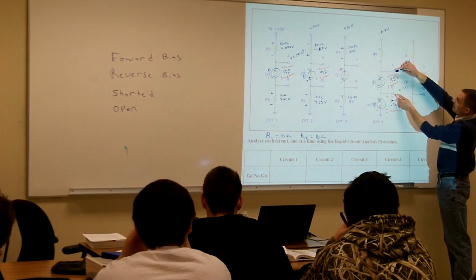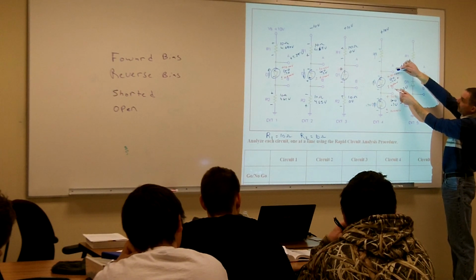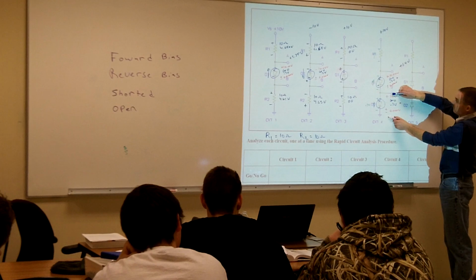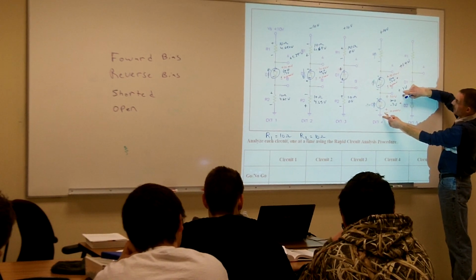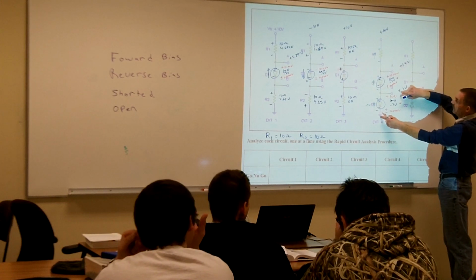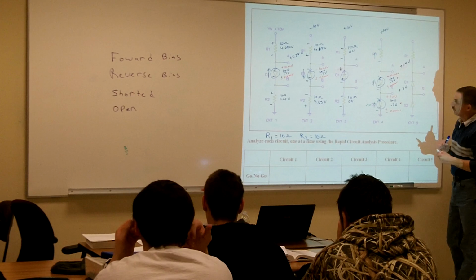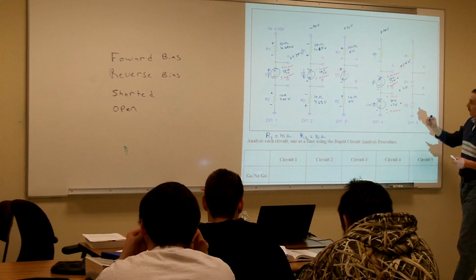And by measuring my test point A to B, I know that I'm still dropping 0.7 volts there, so I know that diode's a go. I'm still going to get positive 0.7 on my anode side on diode 2, and plus or minus 0 on the cathode side, so I know that one's still forward biasing. So those diodes still stayed on.